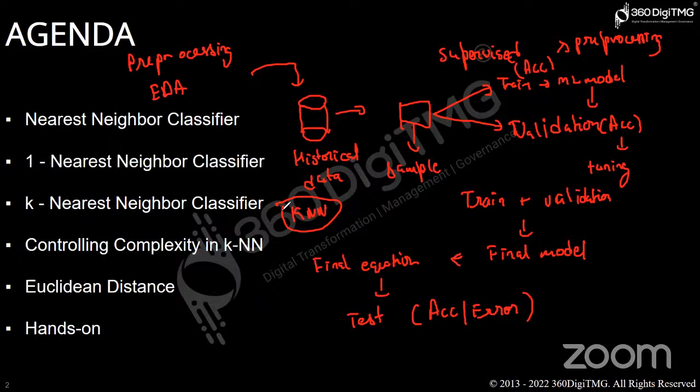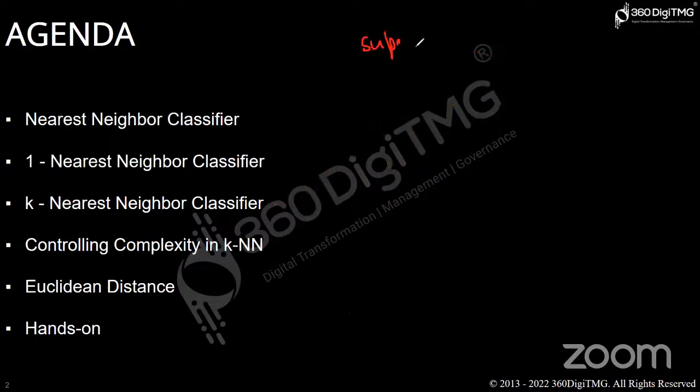We can use it for prediction. So it is a very simple algorithm to learn. That is why we always introduce ML, especially supervised learning, using KNN, because this is a very simple algorithm to understand and a very simple algorithm to use. All right, so let's see what we can do here.